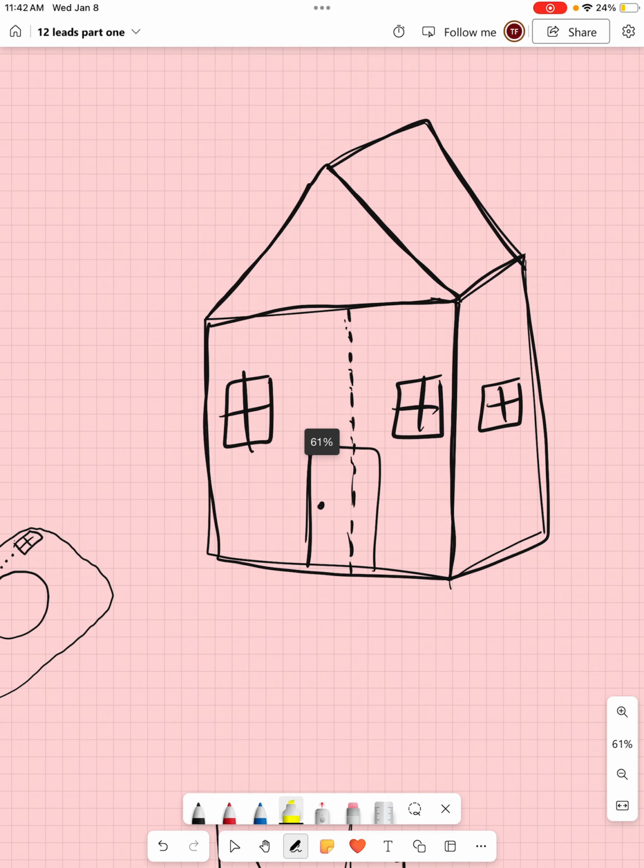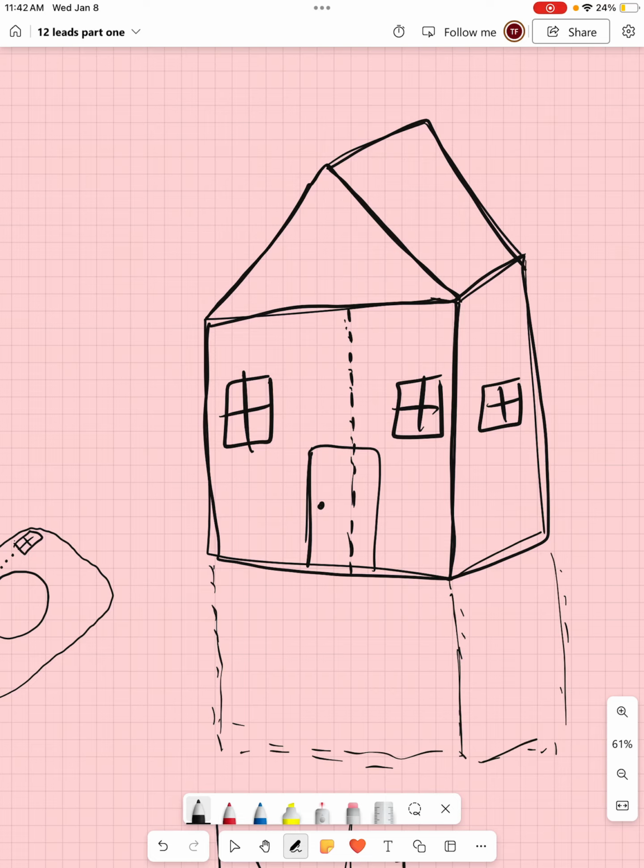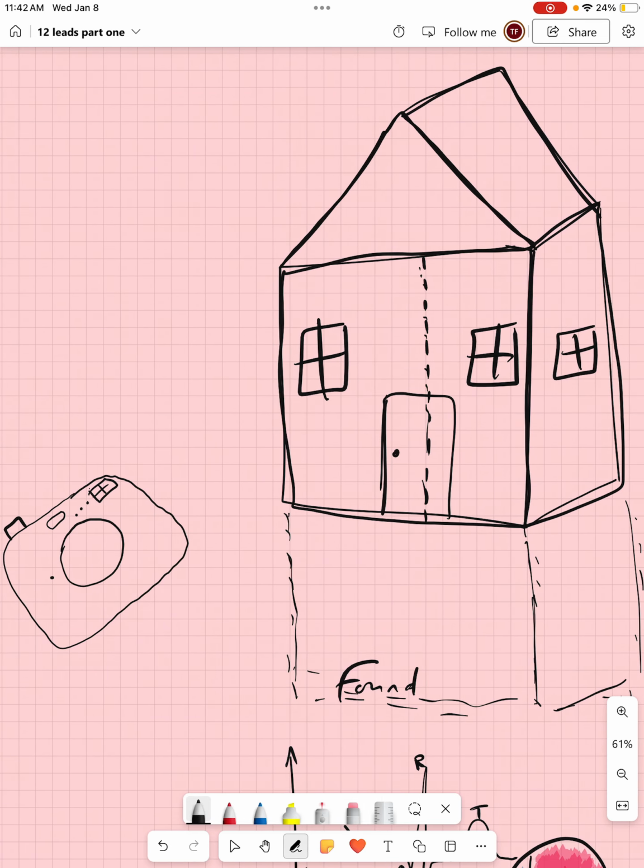So let's say I'm going to make a little dotted line here. Not very good at drawing 3D, but bear with me. All right, we'll say the square beneath is the foundation.